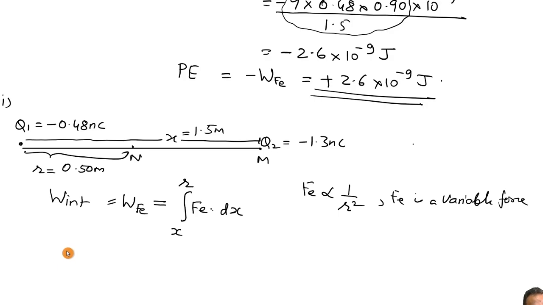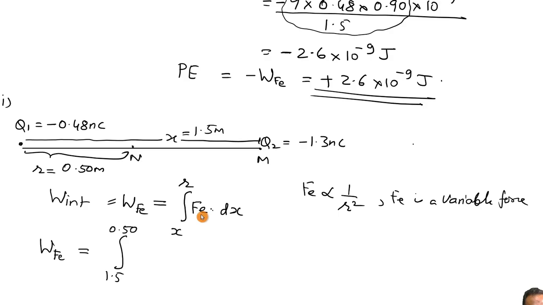So here Wfe, the work done because of this electrostatic force, will be equal to the integration. Now x is 1.5, r is 0.50, so I am putting the values.